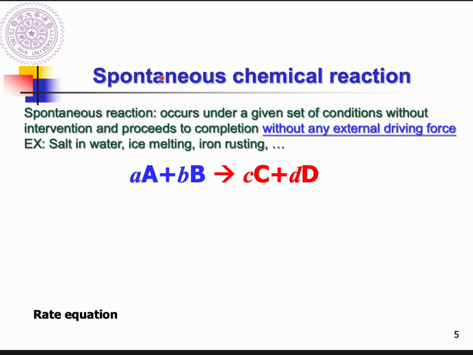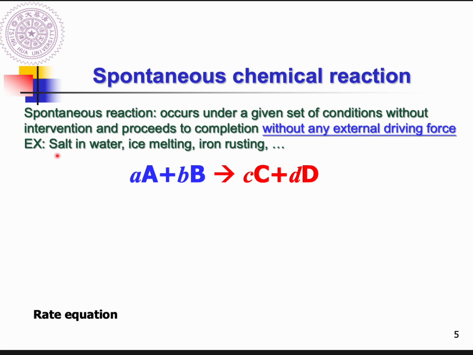Next we need to identify a term we call a spontaneous chemical reaction. So what is a spontaneous chemical reaction? It tells you that the reaction occurs under a given set of conditions without intervention and proceeds to completion without any external driving force. So this reaction goes all the way to the right-hand side, and we don't need to apply an external driving force.